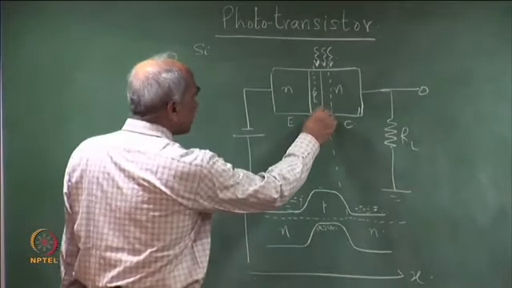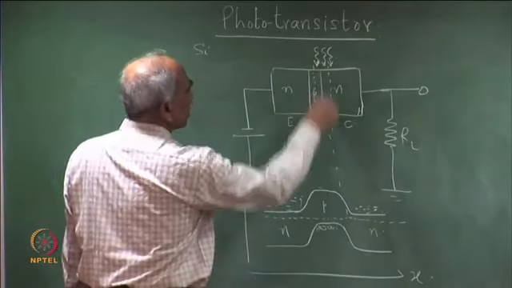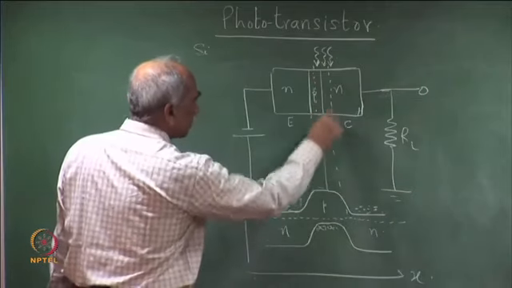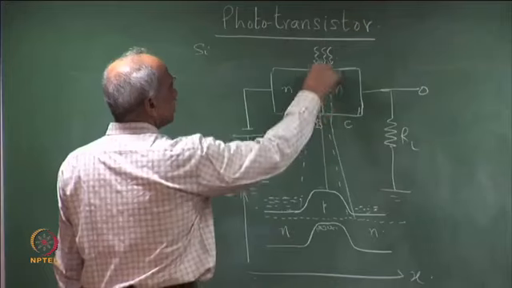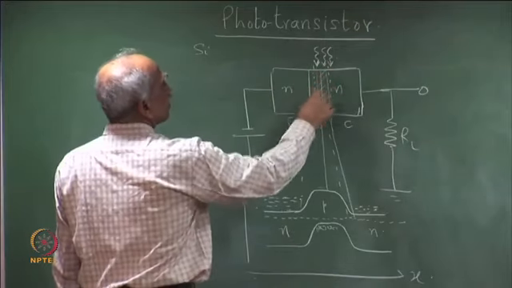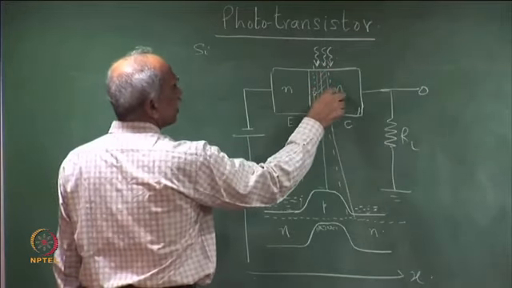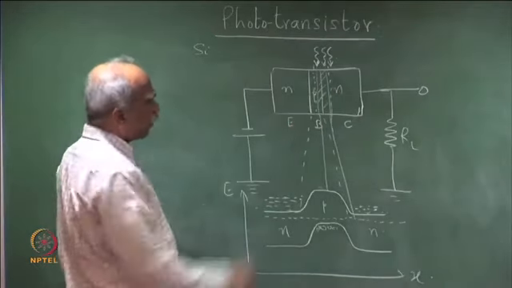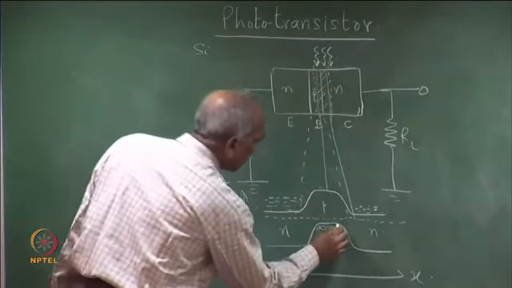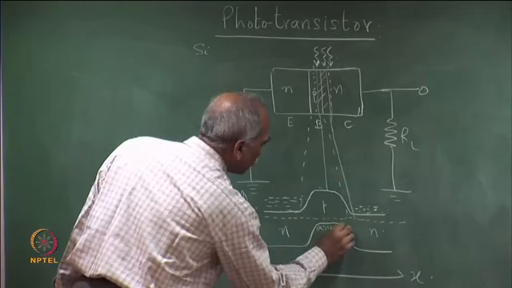A photon flux is incident on this junction here. This is the active area, the base-emitter, base-collector PN junction. A photon which is incident here creates an electron-hole pair.